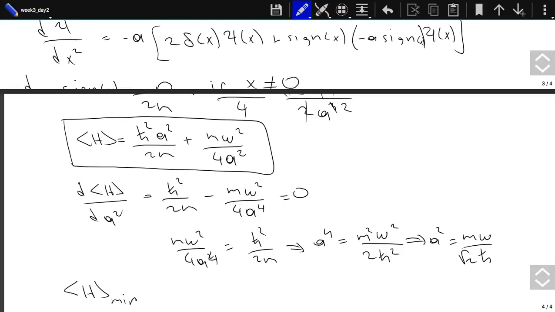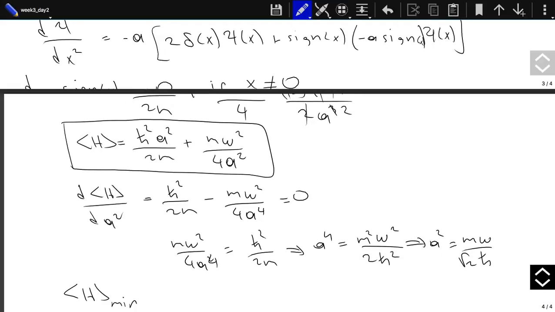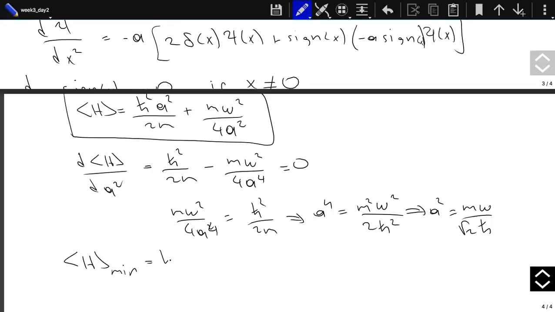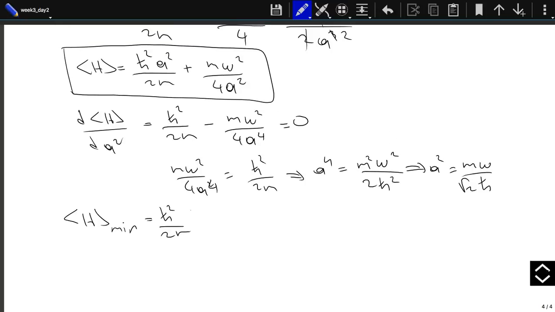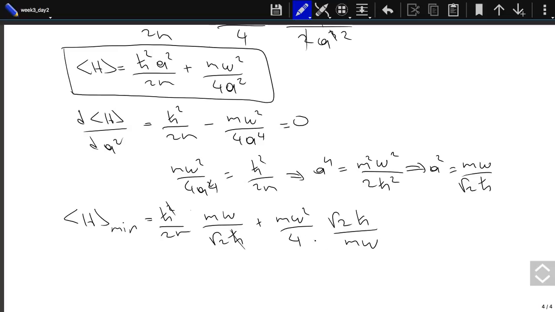Now we can calculate the minimum value of the matrix element. H bar squared over 2m times a squared, which is m omega over square root of 2 h bar, plus m omega squared over 4 times 1 over a squared, which is square root of 2 h bar over m omega. Let's see, h bar cancels, m cancels, omega cancels.